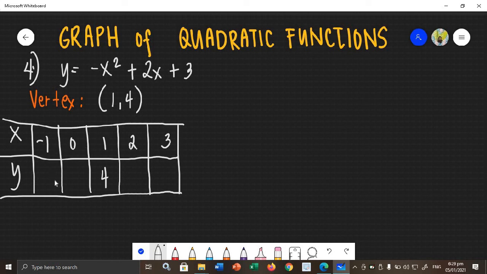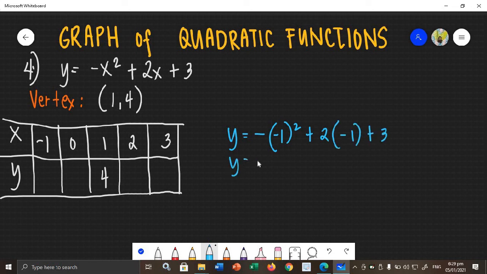So, for you to be able to solve the y-coordinate of each x-coordinate that you assign, we substitute the x-coordinate that we assigned into the given function. So, y is equal to, let's say negative 1 is the x. So, we have negative, the negative 1 squared plus 2 times negative 1 plus 3.